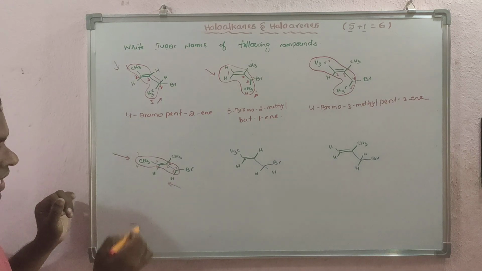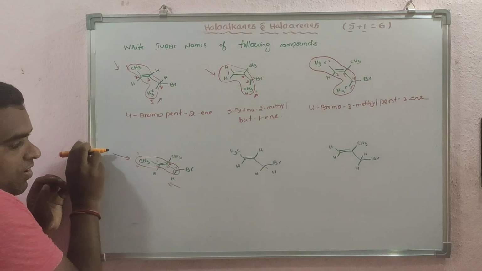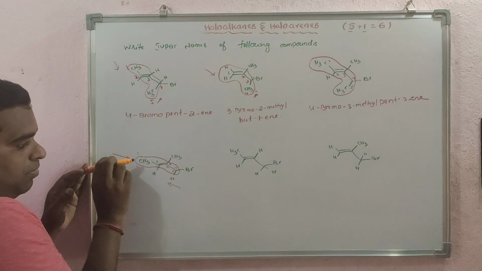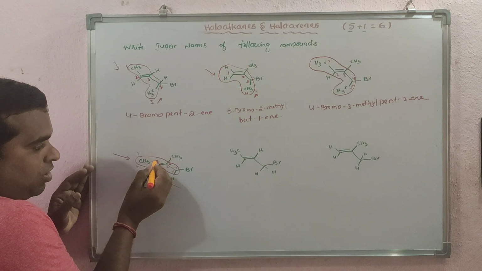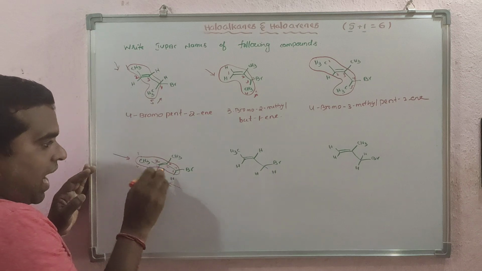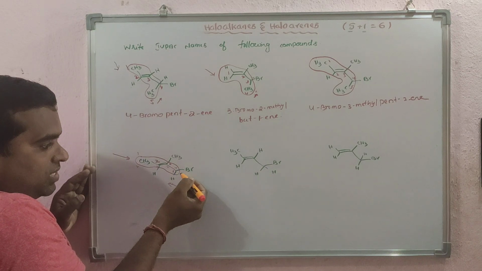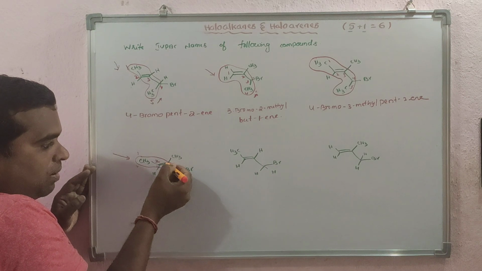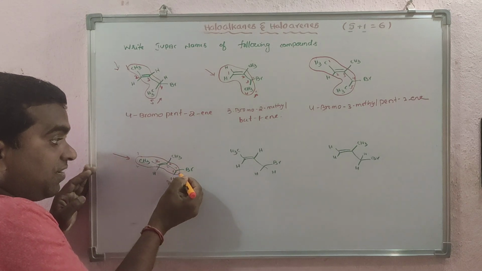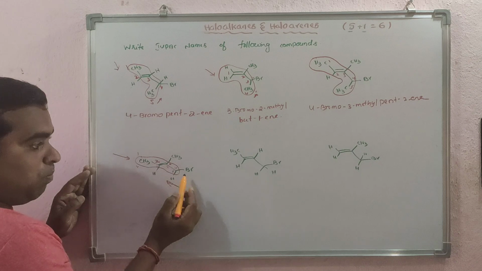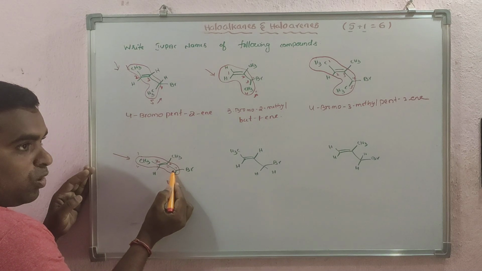If I start from the CH3, the double bonded carbon is getting number 2. And if I start numbering from the bromine side, here also the double bonded carbon is getting number 2. But if I start numbering from here, bromine is getting the lowest number.